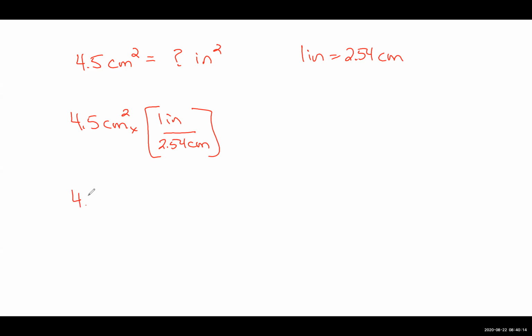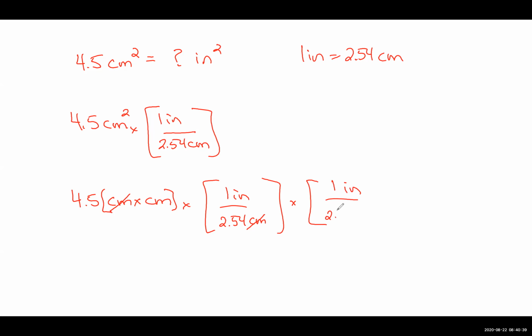That's because 4.5 centimeters squared is like 4.5 centimeter times centimeter. And if I take that and I go 1 inch over 2.54 centimeters, and I only do that, that centimeter will cancel with one of them. But if I stopped right there, my unit would be centimeter times inch. I don't want that. So what I need to do is multiply it again, so that both centimeters cancel. And now I'd end up with inch times inch.